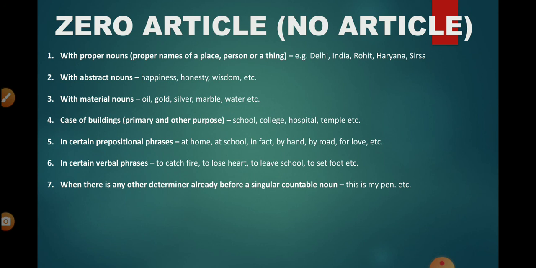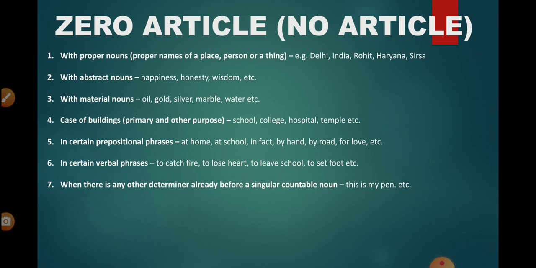We never use any article with names like Delhi, India, Rohit, Haryana, Sirsa, any names of person, place or thing. Names are always of two kinds, proper as well as common. For example, if we say he is Rohit, Rohit is the proper name of that particular boy.